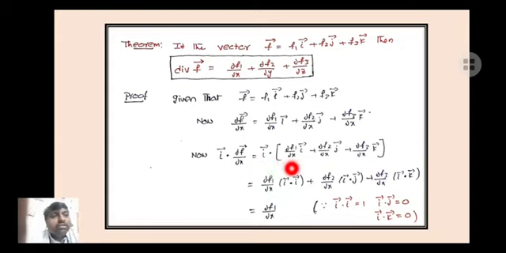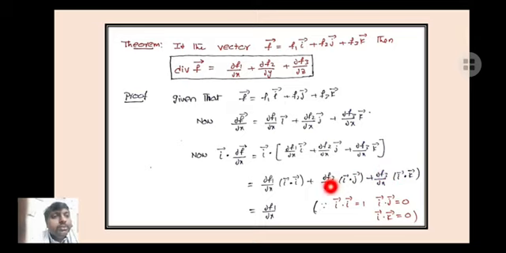Here dou f1 by dou x is a scalar quantity. So I am writing dou f1 by dou x into i bar dot i bar plus dou f2 by dou x, also a scalar quantity, into i bar dot j bar plus dou f3 by dou x into i bar dot k bar.